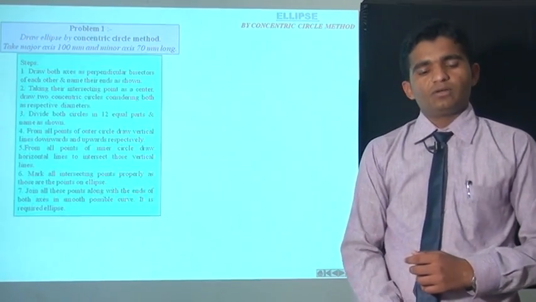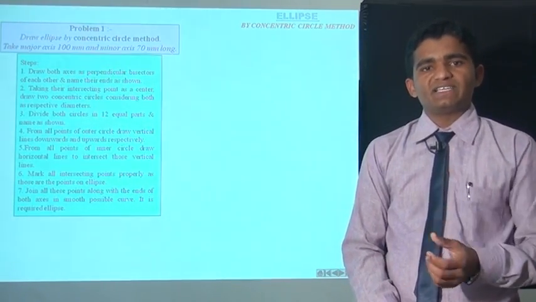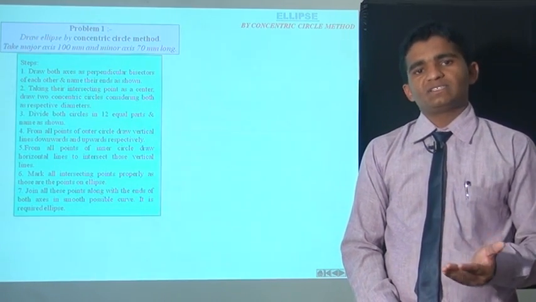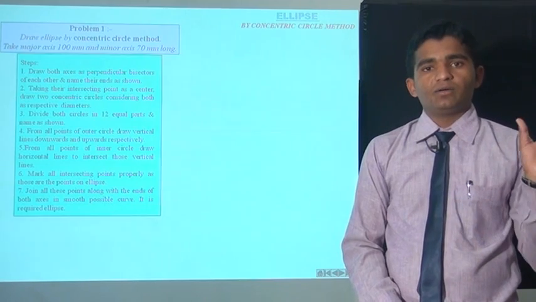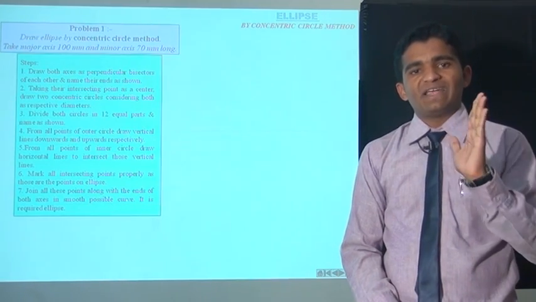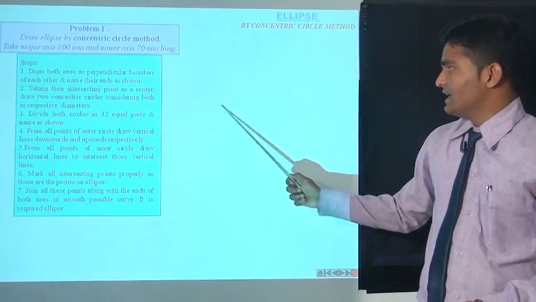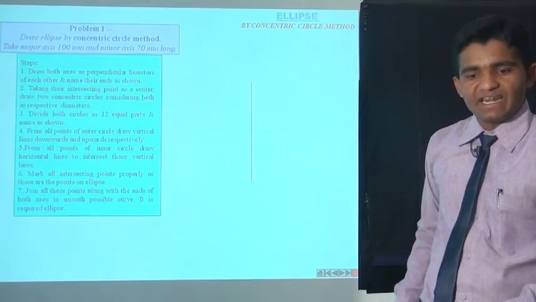So first of all, draw the major axis 100 mm long and then draw the minor axis in such a way that the minor axis is bisecting the major axis.